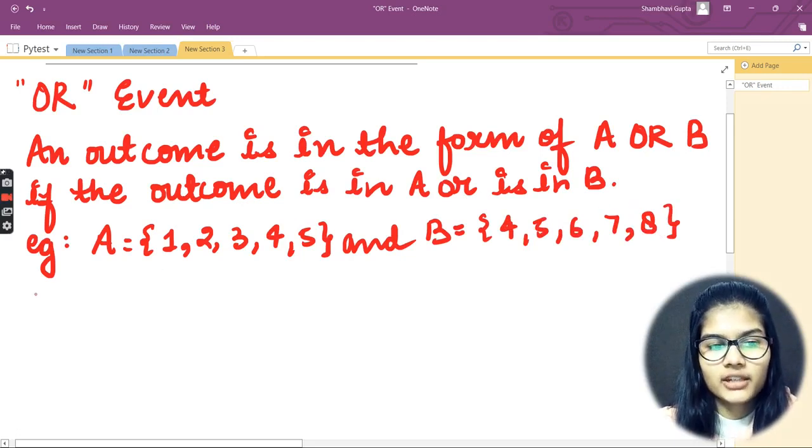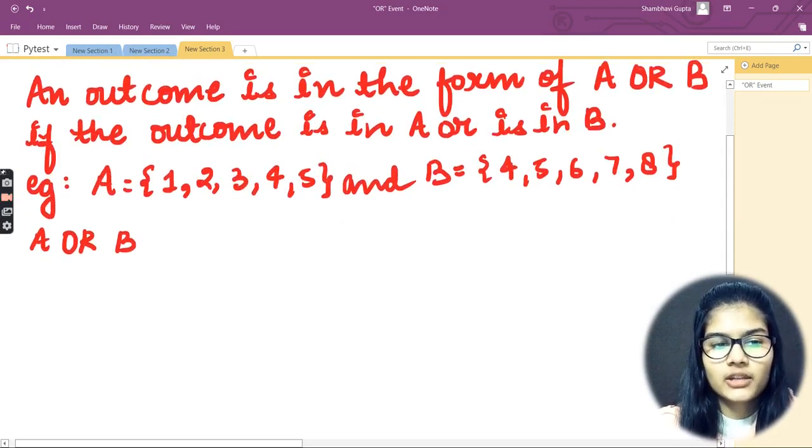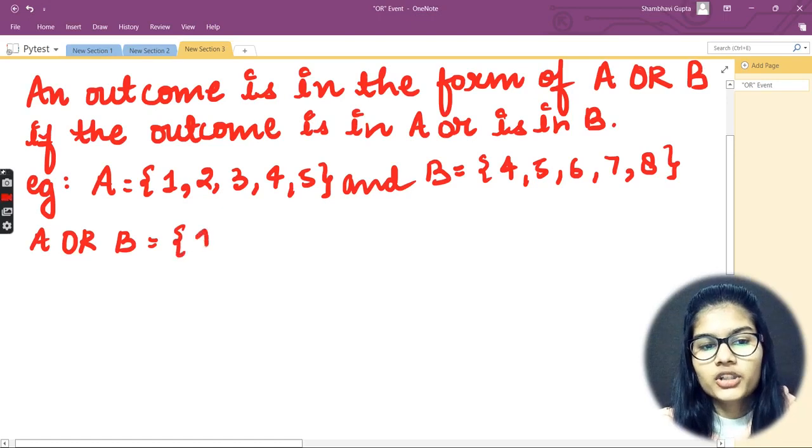Now if I have to write A or B, first of all listen to me very clearly, this is the notation for how you write A or B. Whatever numbers you have in A and B, you will mention all of those. If a number occurs in both A and B, you write that number only once.